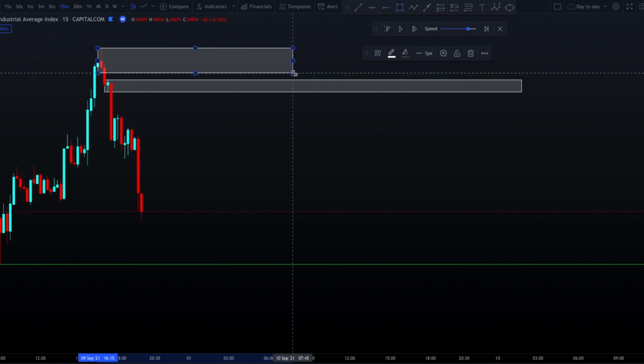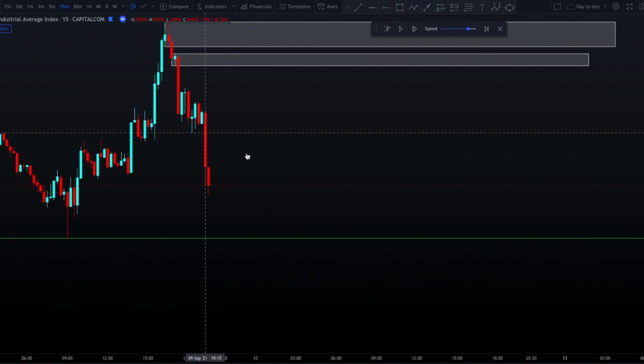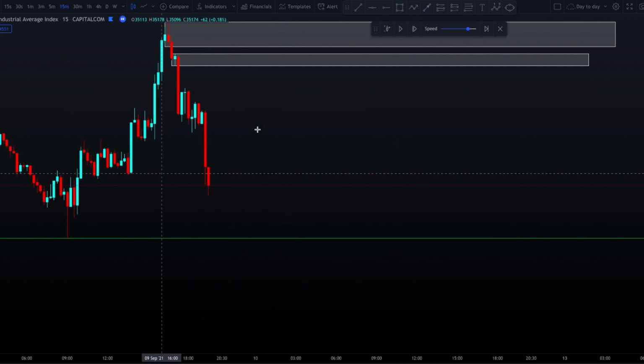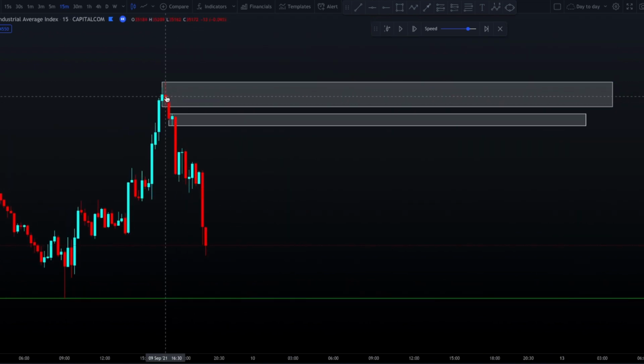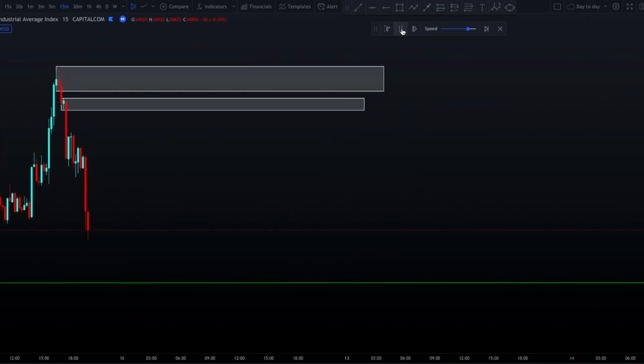Okay, now judging by the way we've broken structure now to the downside, break these lows, I don't necessarily see us coming all the way back up to test these highs. I might be wrong, but we more than likely will see it come back to test over here. Okay, so let's see how price begins to play out over here.